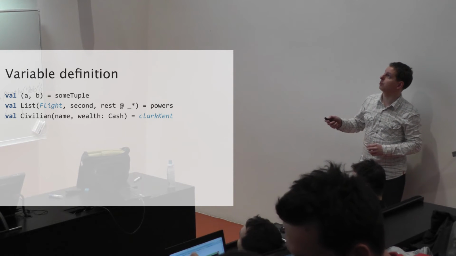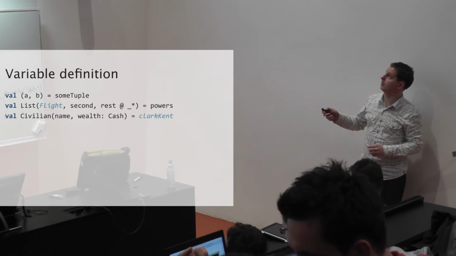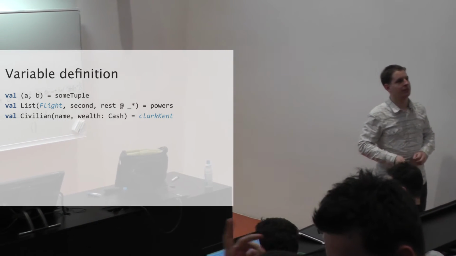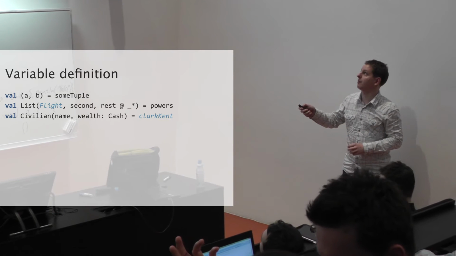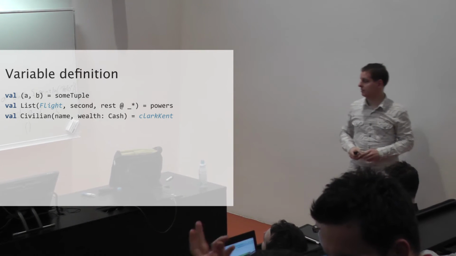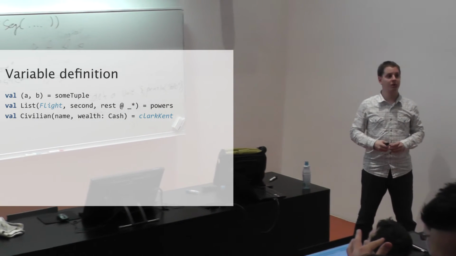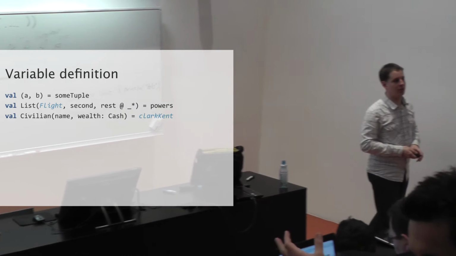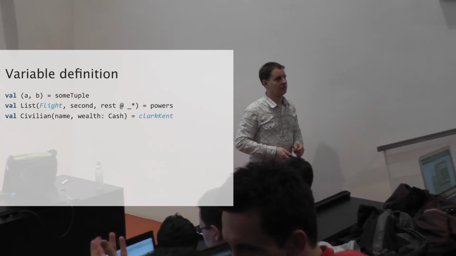So it will not match a civilian whose wealth is a fortune, which is a different type from cash. There's a type pattern inside. So as you can see, you may use pattern matching also in variable definitions, and it will save you some unneeded code.